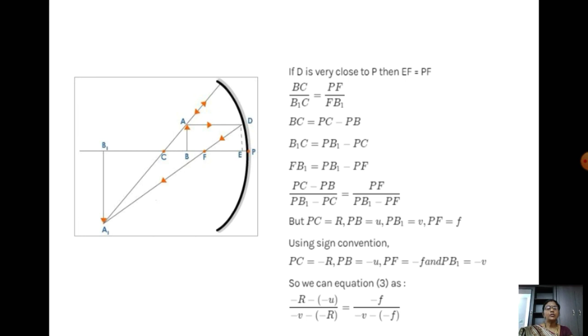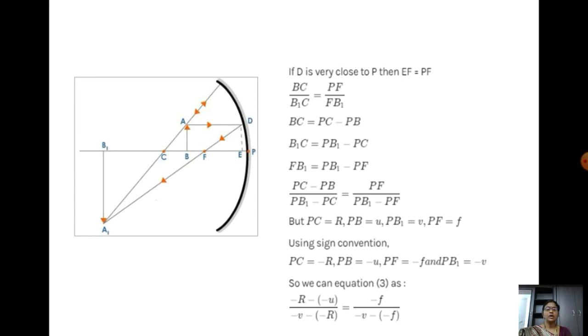Now using the sign convention, because all the points lie in front of the spherical mirror, according to the sign convention, if it is on the left side of the pole of the mirror, it is taken to be a negative value.